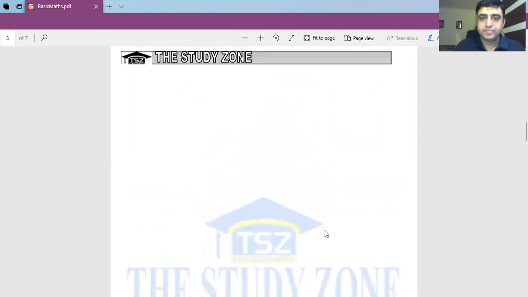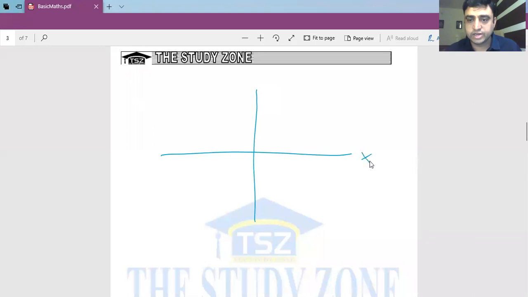Okay. Before going for the next discussion, let us understand: let the horizontal line be the x-axis and the vertical line be the y-axis. So you all are aware that this is the first quadrant, this is the second quadrant, this is the third quadrant, and this is the fourth quadrant.